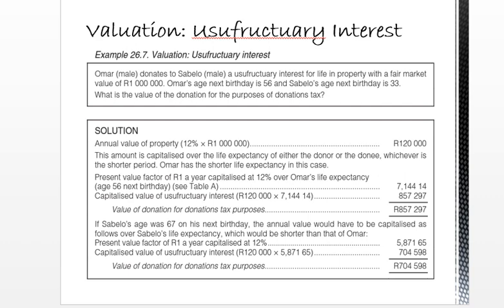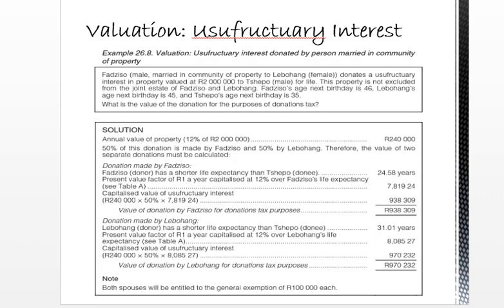Okay, so the next one we have Fadizo, who's a male and is married in community of property to Lebogang, who is a female, and he donates the usufructuary interest in property valued at 2 million Rand to Sepo for life.